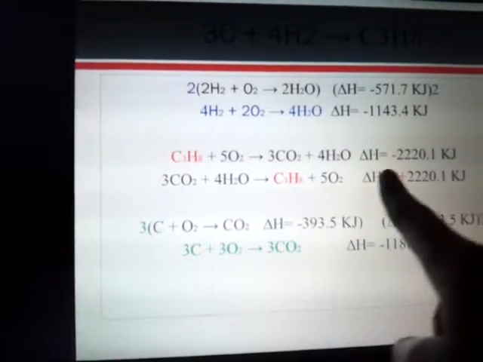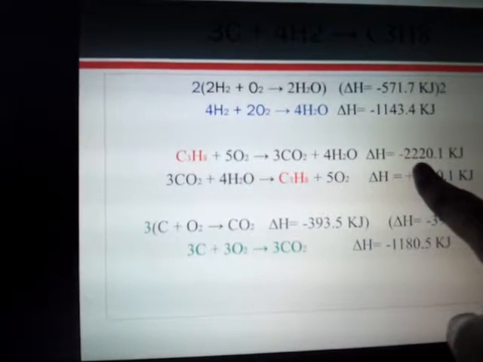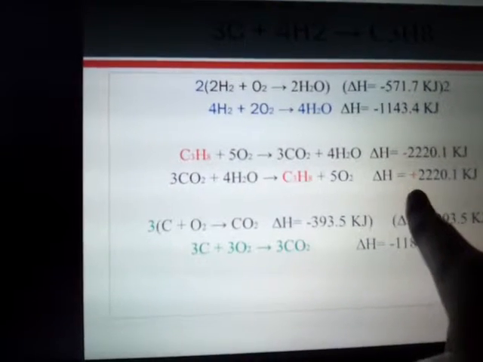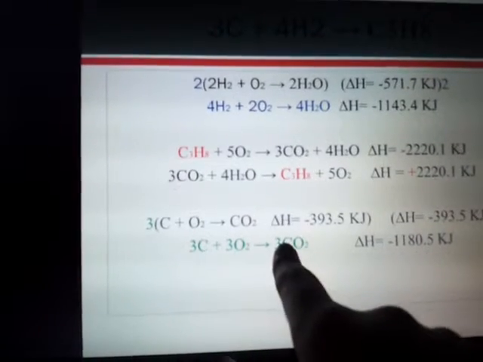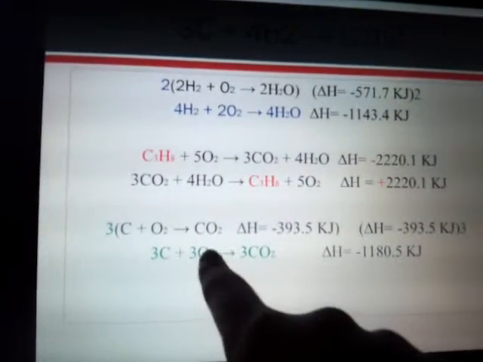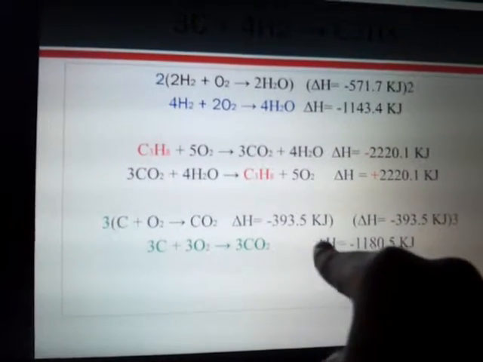Since you flip the equation, you have to change the sign. So it goes from negative 2,220.1 to positive 2,220.1 kilojoules.